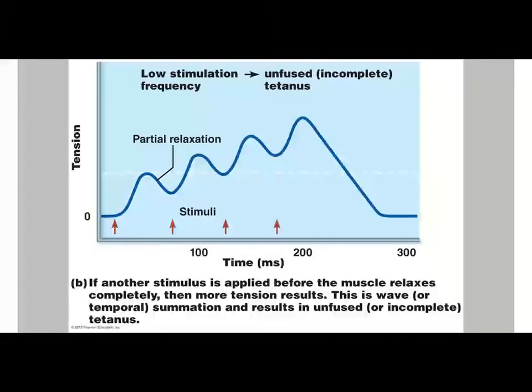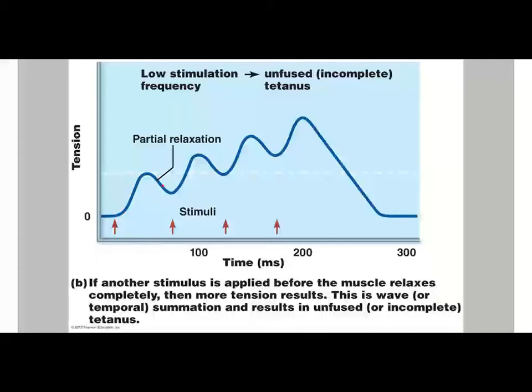But when those multiple stimuli come, we actually have different results based on how quickly those stimuli come. Here we see the red arrows representing when a stimulus is sent to a muscle cell. The blue line represents tension within the muscle cell. So the first stimulus comes, we go through a twitch.